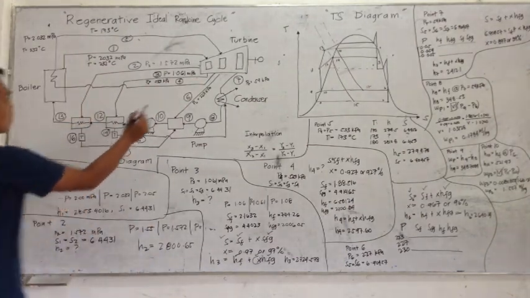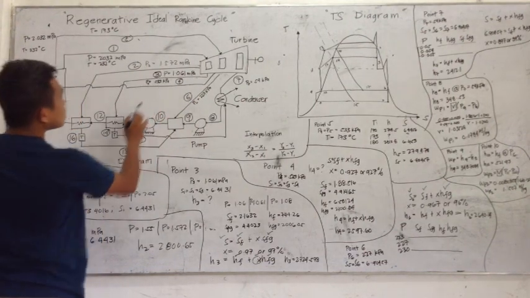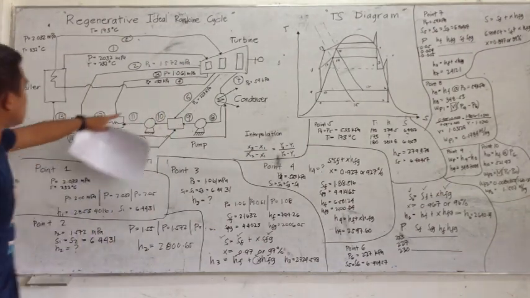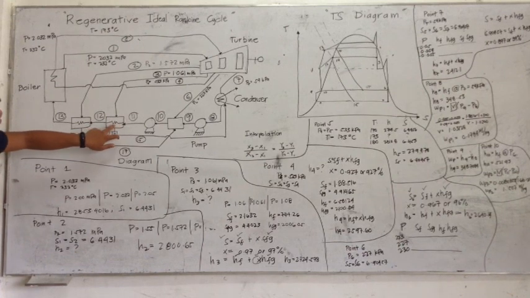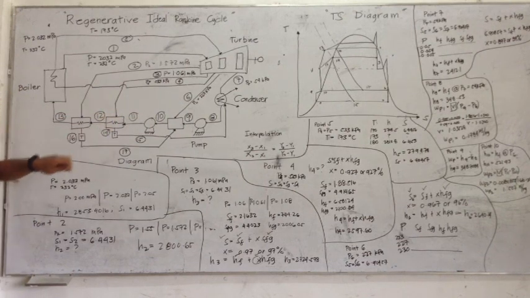So here, we can use this pressure 3, which is 1.061, as you can see in our diagram, it delivers liquid water.